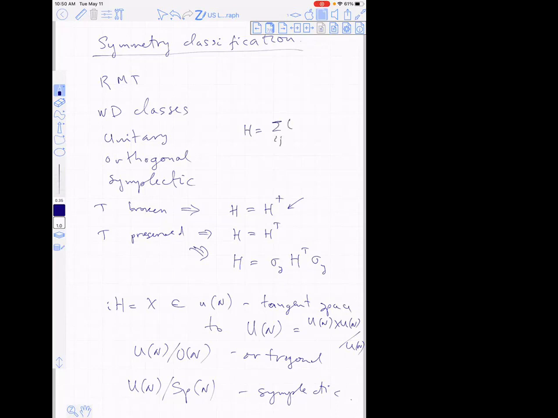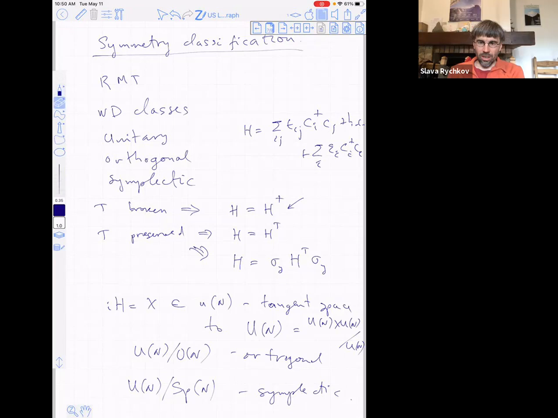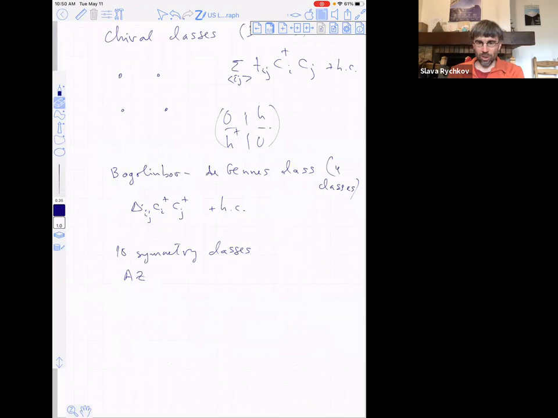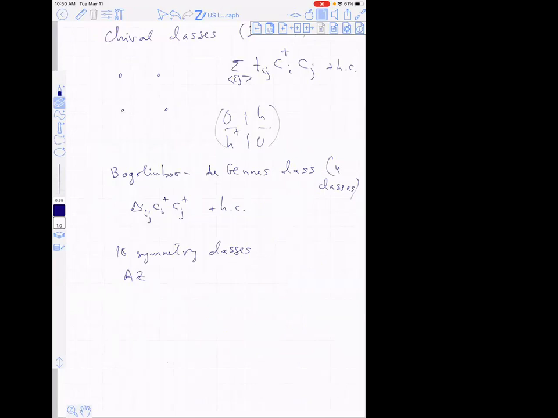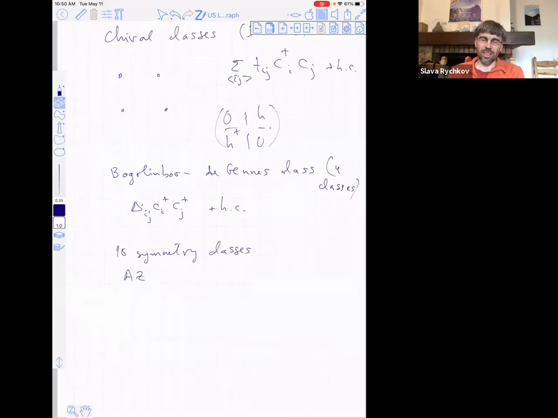It's the sum over i, j of t_ij c_i dagger c_j plus Hermitian conjugate, plus the random energies on site. And then on the next page you don't have these random energies on site. You only have random hoppings. Exactly, that's the difference. I see. Okay, thanks. Now it's more clear.